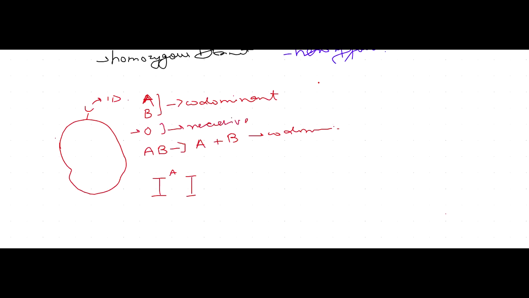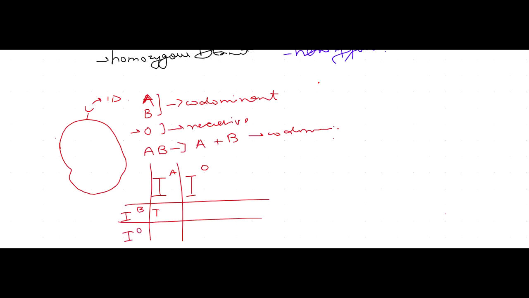Okay. So a person has blood type A, and in the blood type A, one allele is for type A and the other allele is for type O. Then we can go ahead and cross it with a person who has blood type B. This person has one allele for blood type B and the other allele for blood type O. Let's make our cross.